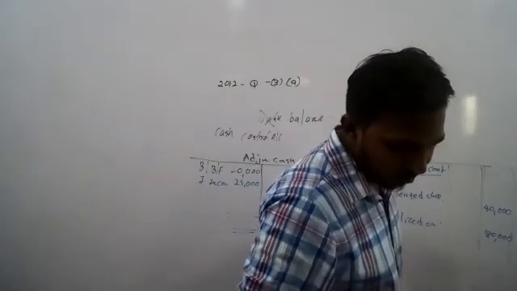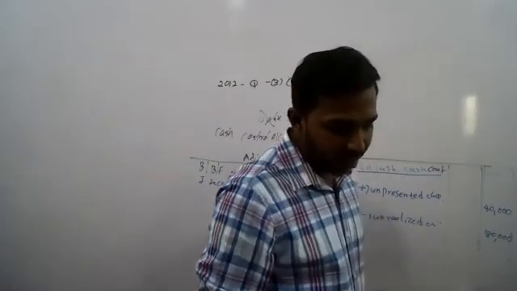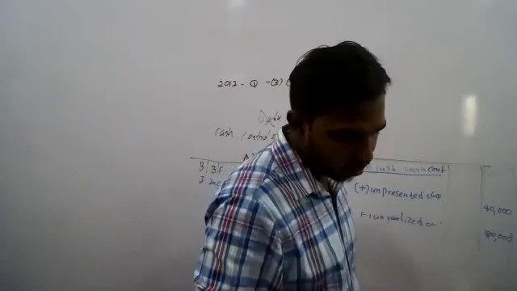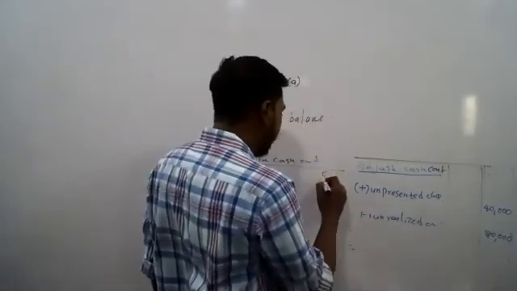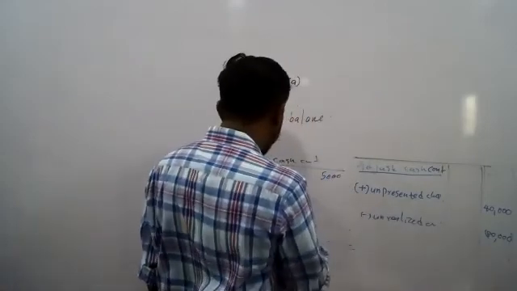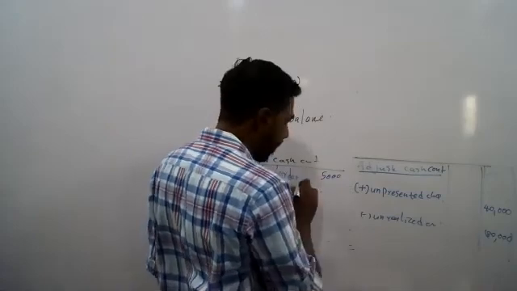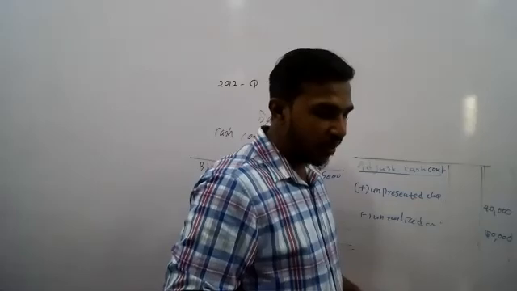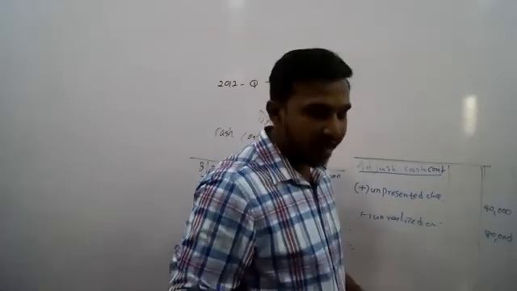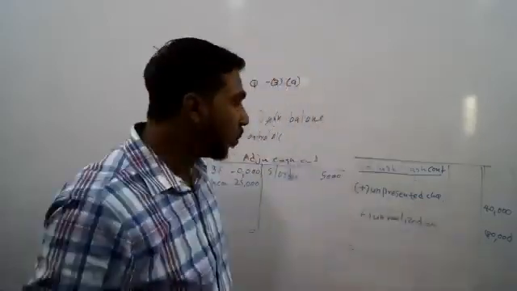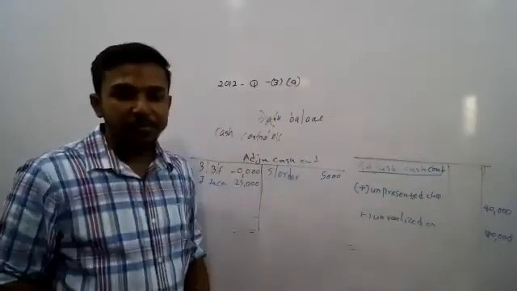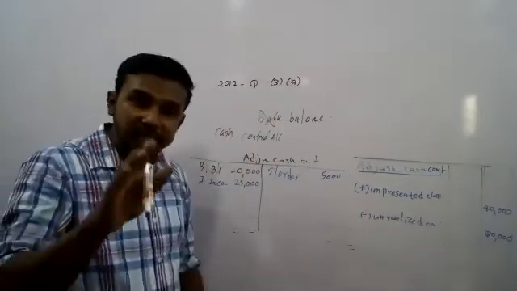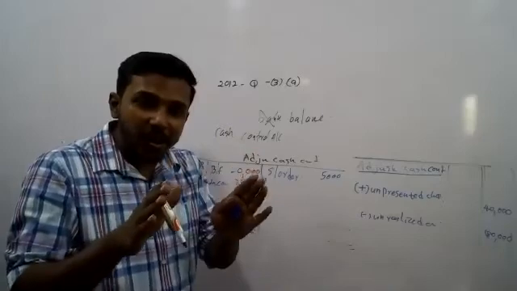Next, a payment of 5,000 made by the bank for insurance premium on the standing order has not been recorded in the cash book. So 5,000 to standing order, credit. Next one is a check of rupees 10,000 deposited in the bank has been dishonored. Look here, dishonored. I told you once it says dishonored, be careful.